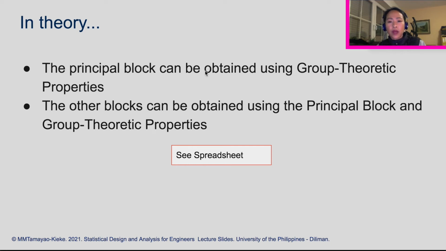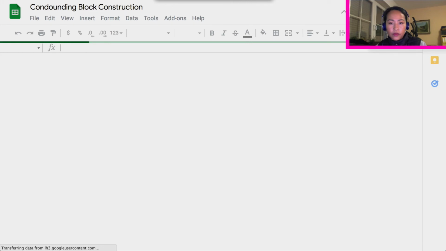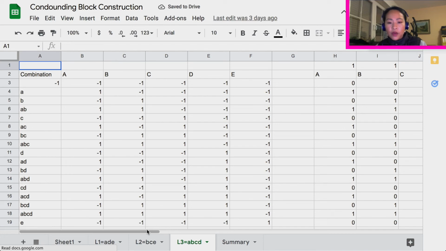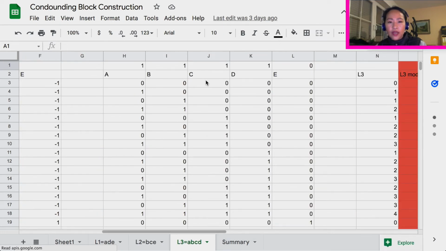So the principal block can be obtained using group theoretic properties. Let's go back to the spreadsheet. In the same manner that we obtained L1 and L2, we can also do the same thing for L3. Because we have ABCD as another interaction to be confounded with the block, L3 would be x1 plus x2 plus x3 plus x4.